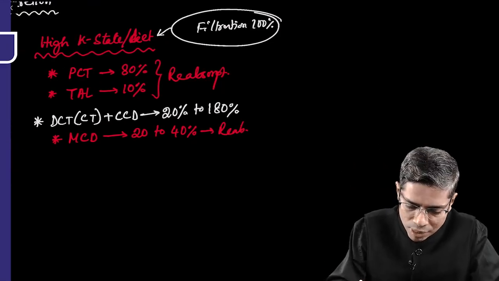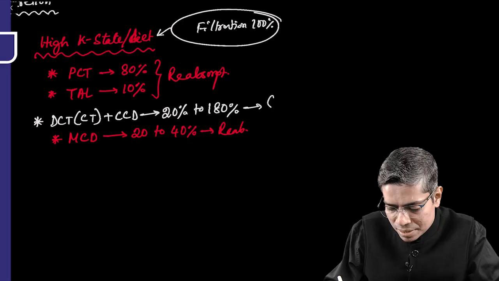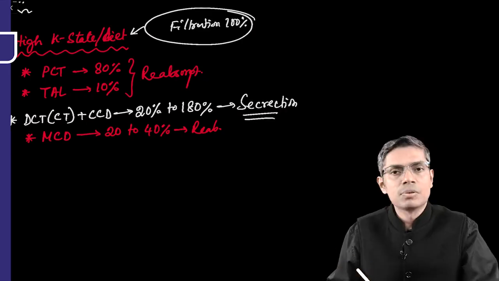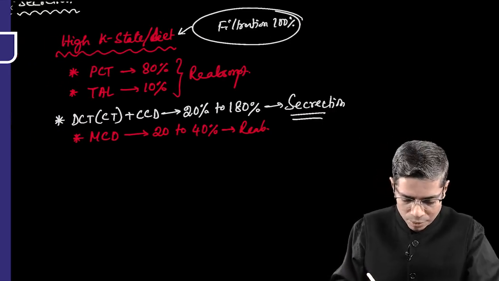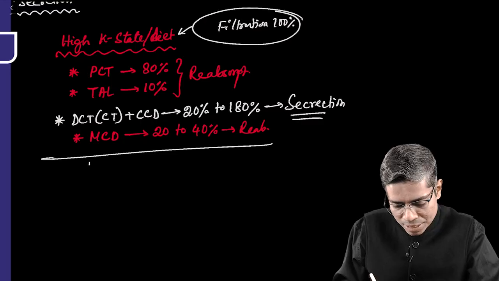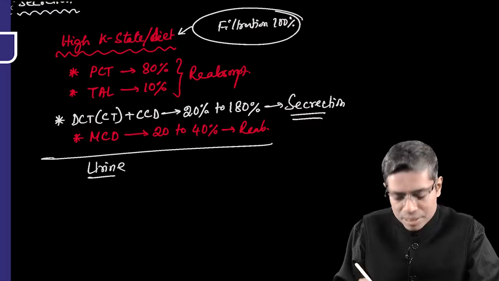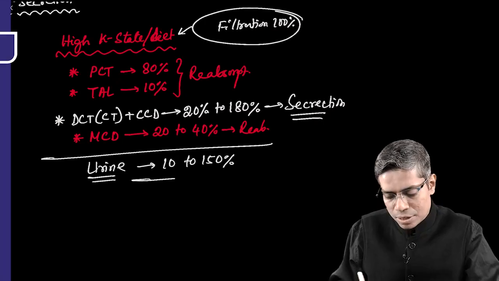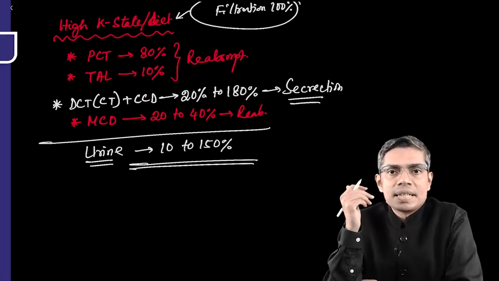But in between, this white color, what I have written here, this is secretion of potassium, very important for MCQ. Which part of the nephron secretes potassium? After this, the urine is going to excrete a huge amount of potassium that can range from 10 to 150%. So a huge amount of potassium is excreted in the urine.